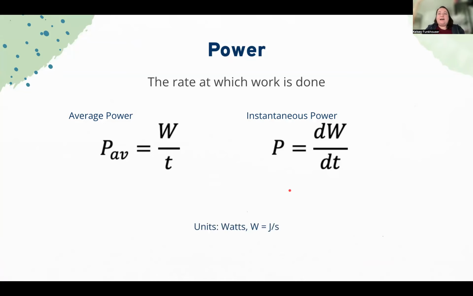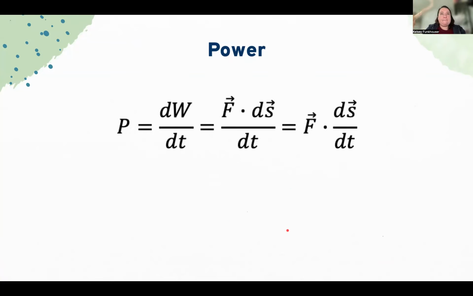The units of power are watts, or joules per second. If we expand out the derivative, we can get another relationship for power, which is the force times the velocity. So this is just another equation that shows us what the power is, or the work done over time.